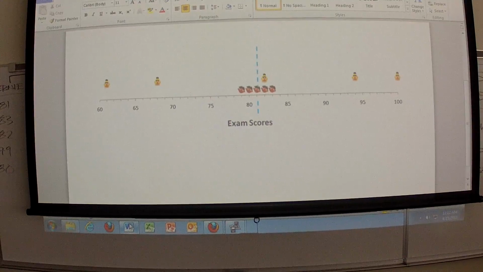Love that. Bert's less consistent. Ernie clusters, Bert spreads out. How could we quantify it? Give me some ideas of how we could actually assign a number. So in other words, Ernie's got this much variation, Bert's got this much. Any ideas? Any ideas at all? What do you think? Go ahead.